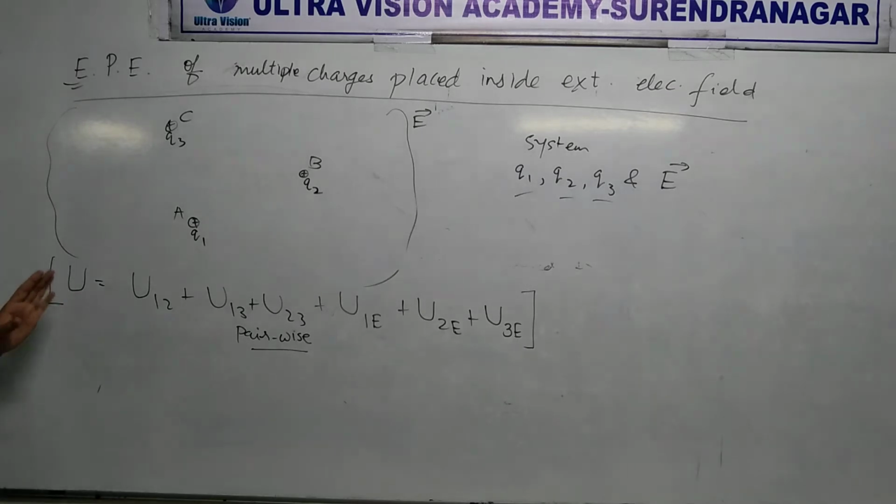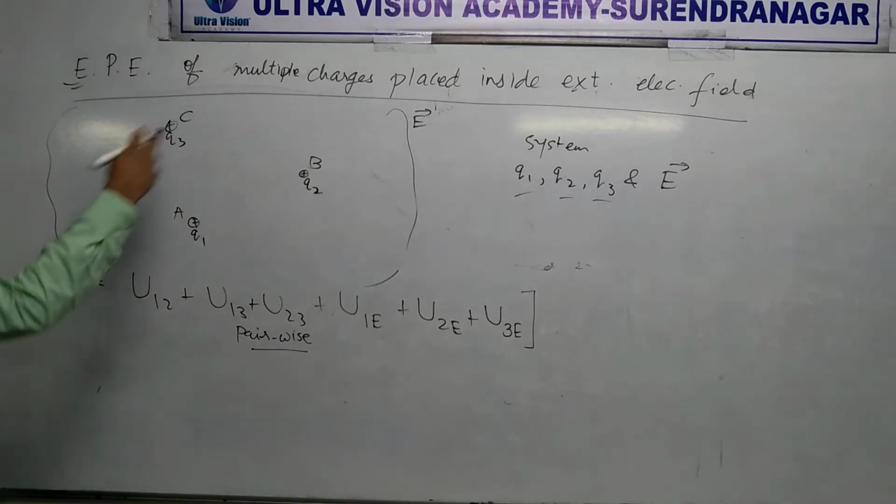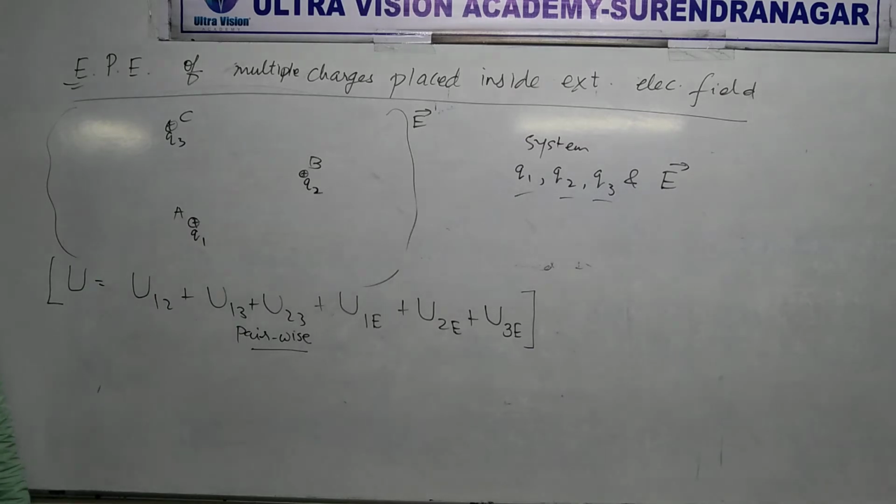Okay. But how to write it? Suppose you want to write for exam, let's say this topic exam, let's say explain or derive the potential energy for multiple charges inside external field.